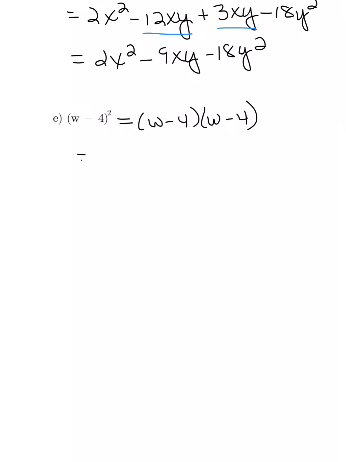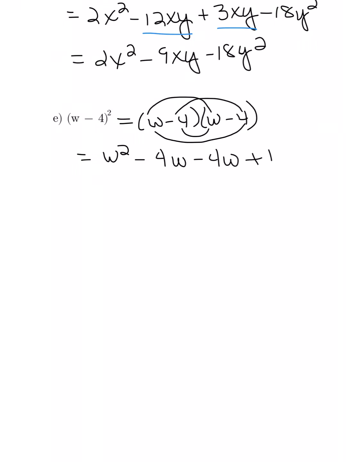So, if we do the first times the first, we get w squared. The outside minus 4w. The inside minus 4w. Last times last plus 16. We have like terms in the middle, so our final answer is w squared minus 8w plus 16.